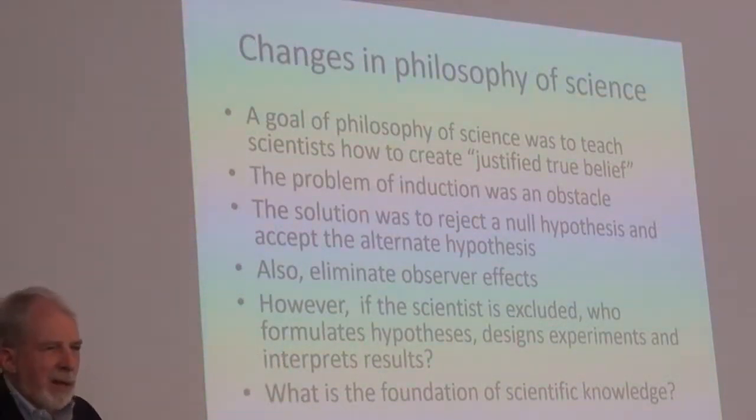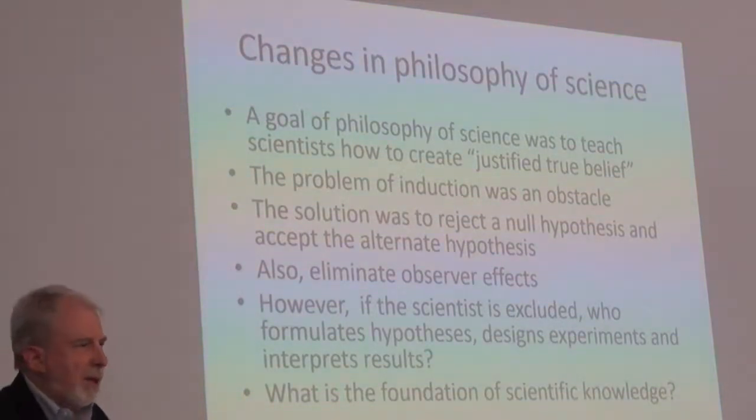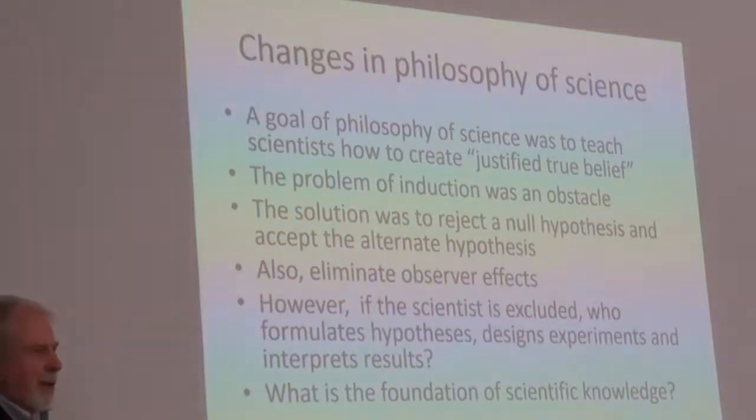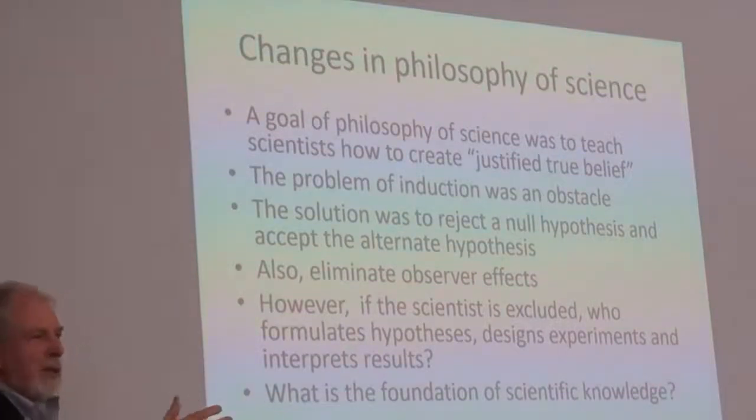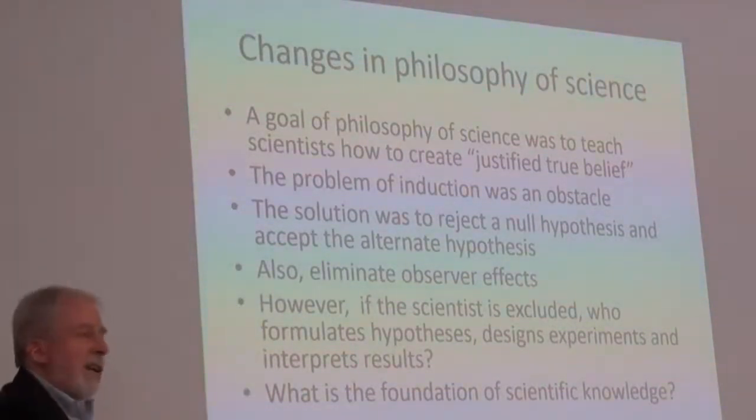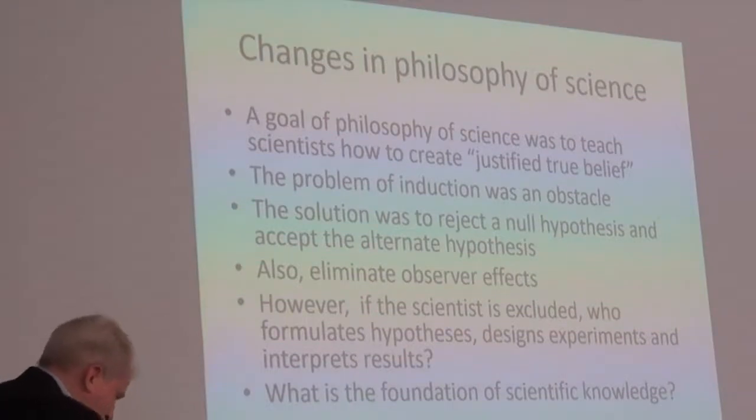As soon as you see a black swan, your proposition is invalidated. Okay, that's the problem of induction. So how do you deal with that? Well, you formulate null hypotheses and alternate hypotheses. You don't try to accumulate evidence for the alternate hypothesis. You try to reject the null hypothesis. This is kind of weird, but doctoral students have to get used to this.